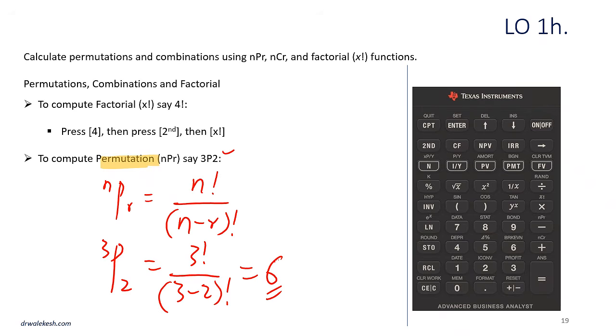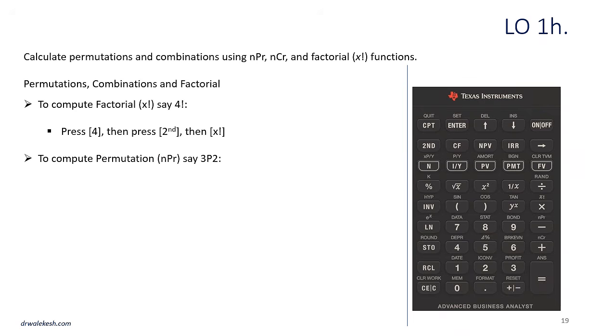So let us use the financial calculator to solve for this. The first thing here is to press 3, and 3 is here. The permutation function is a secondary key, so we will have to press second function.